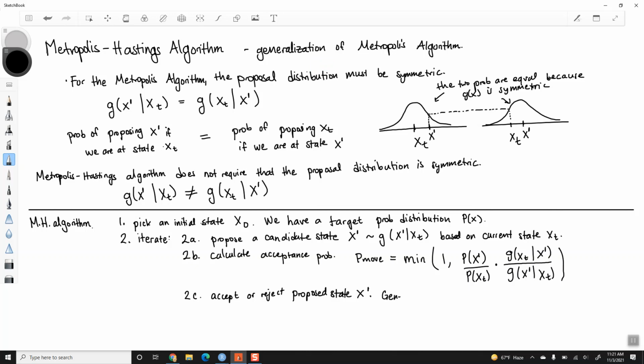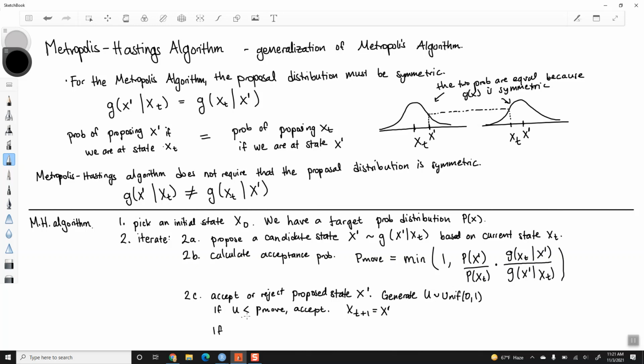And to do that, you generate a u from the uniform 0 to 1, and if u is less than p move, accept, and that means x at time t plus 1 will be x prime, the proposed location.